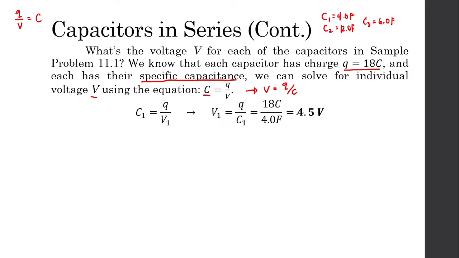So that's 18 coulombs divided by 4 farad, which is 4.5 volts. So capacitor 1 has a voltage of 4.5 volts.